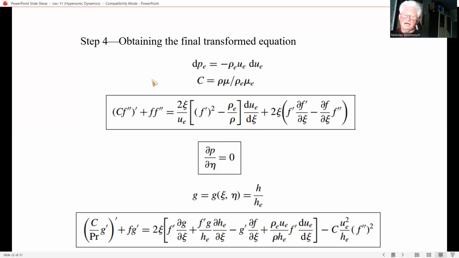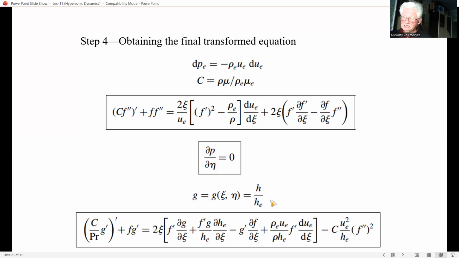The boundary layer y momentum equation, stating that dp over d eta should be equal to 0, becomes in the transformed space here. The boundary layer energy equation can also be transformed, defining a non-dimensional static enthalpy in this form.